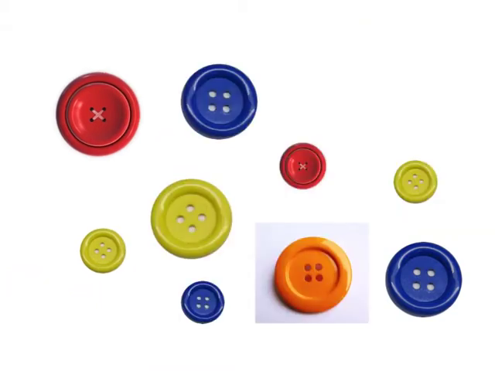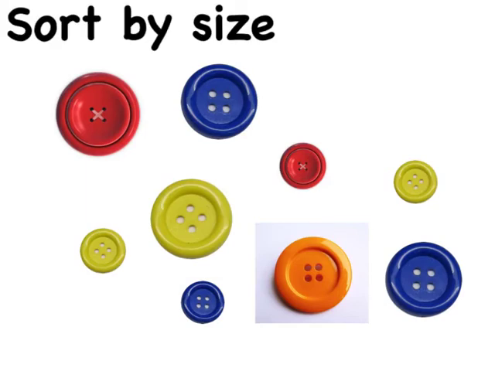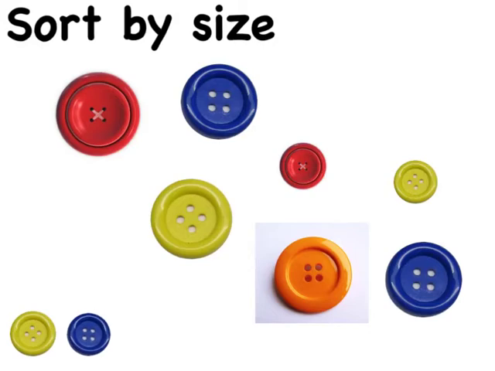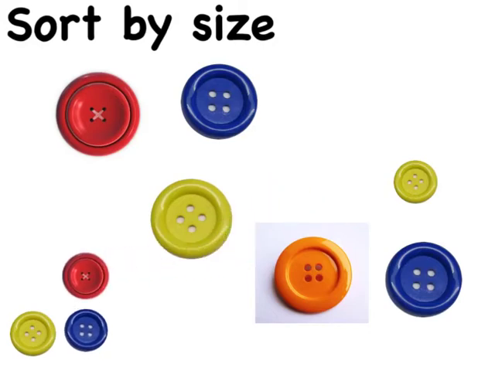So let's take another look at these buttons. We've already sorted by color. This time, I think we should sort by a different category called size. So I am going to look at the buttons, and I see that some of these buttons are small. So now I'm moving them based on the size.